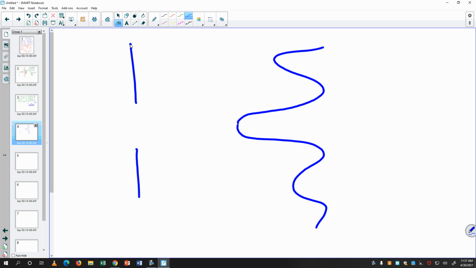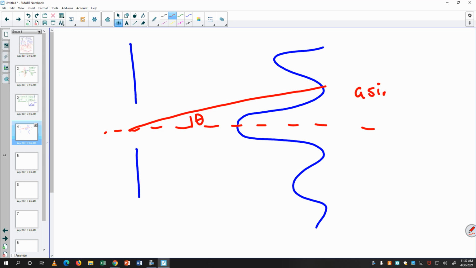Now if I want to know the angle to the first dark fringe, I can say theta, and I can find that by saying a sine theta equals m lambda. I can solve for theta if I know the slit width and m, the order number. Actually m would equal 1 in this case, because I'm looking at that first order dark fringe. Then I can also find the distance y by saying y equals L tan theta.